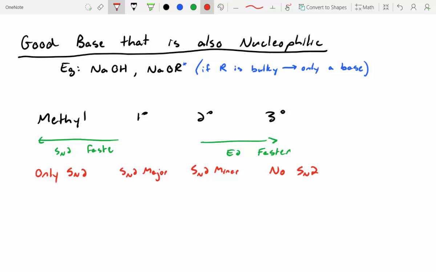With E2, the trends are reversed, where we get only E2 with tertiary carbons. And then with secondary carbons, E2 is going to be major. With primary carbons, what do you guys think? Minor. Pretty simple trend. And then with the methyl one, we said no E2 is possible.